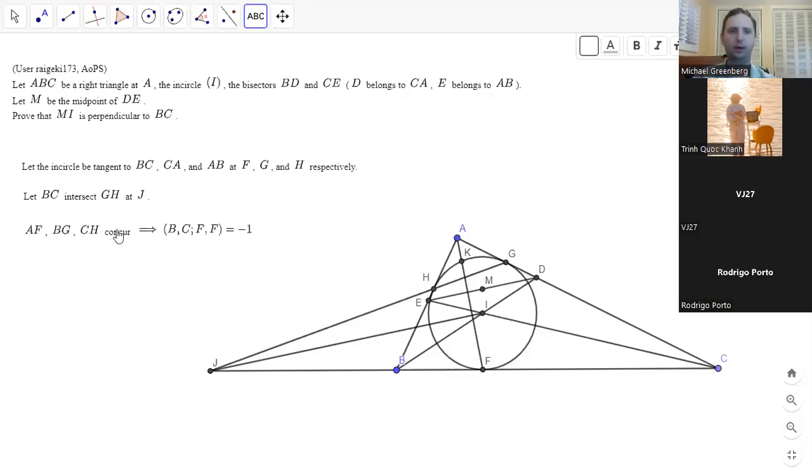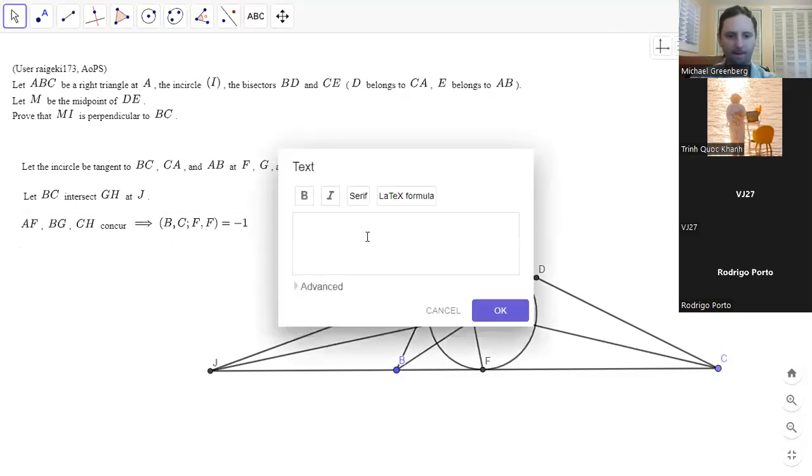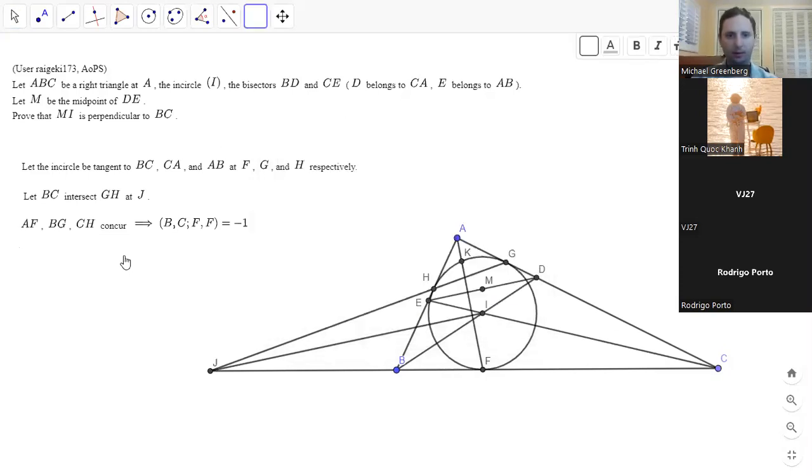Well, yeah, we do need that. So since J lies on the polar of A, A lies on the polar of J. So basically AF is the polar of J. So then that means that IJ is perpendicular to AF.